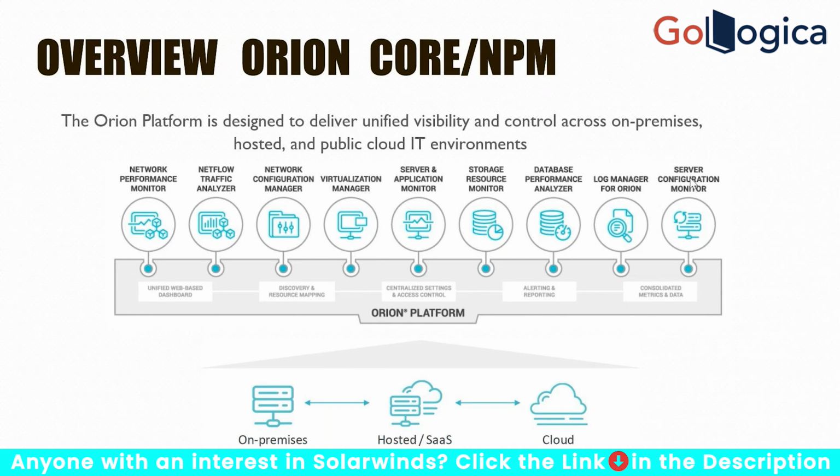With Server and Configuration Monitor, we just have to manage our servers, and it pulls some inventory information, like what patches the server has, what the latest updates are that need to be installed, and what the OS version is. But I don't think SCM is something very in-depth that can be used for our day-to-day monitoring, to make changes, or to keep track of things.